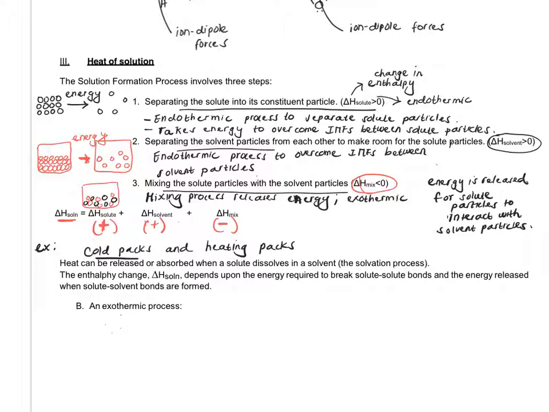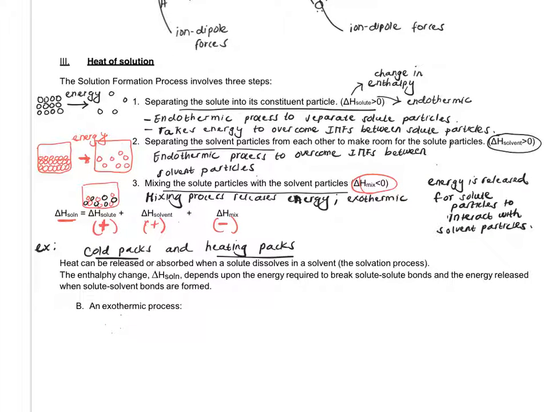Ammonium chloride is dissolved in water, and what happens is it absorbs heat. It's an endothermic process. Heating packs is another example where we see it's an exothermic process. Heating packs are used to relieve soreness, and oftentimes there's a chemical mixing process that occurs. Usually it's with sodium acetate dissolved in water, or it's with calcium chloride in water that will release heat.